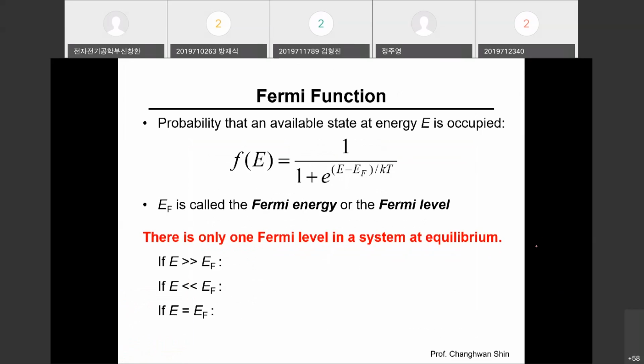Now it is time to understand the physical meaning of Fermi functions. Why is the Fermi function necessary?